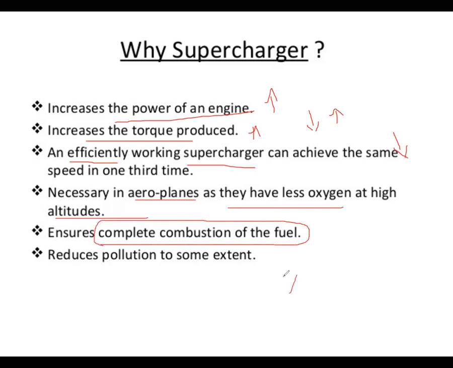Because whenever normal atmospheric air is getting into the combustion chamber, the air cannot be burned properly, because there is no pressure increase and no temperature increase, it is only normal air pressure and normal temperature. That is why there is no proper fuel consumption in this combustion chamber.